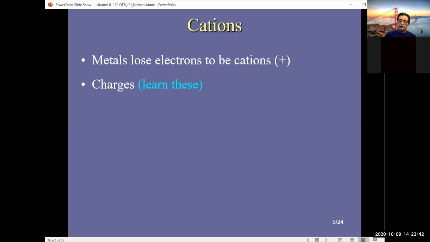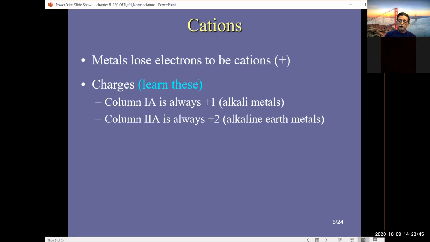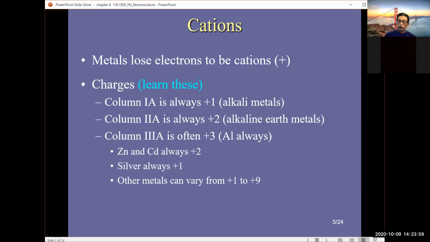Okay, we know about metals. All metals lose electrons. We talked about group 1, group 2, group 3, and their respective charges. I threw in the zinc and the cadmium, which always have a +2. Silver is always a +1. That means all the other metals can vary from an oxidation state of +1 all the way to +9.